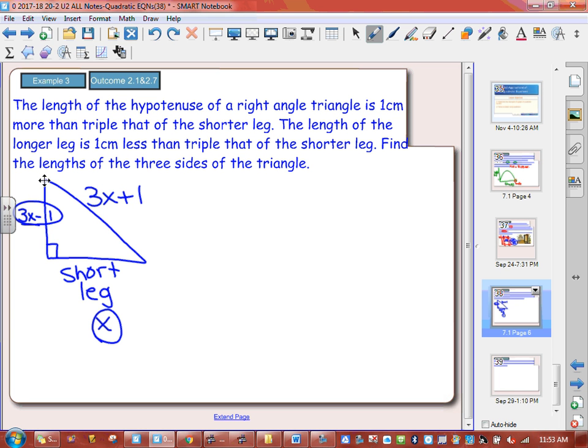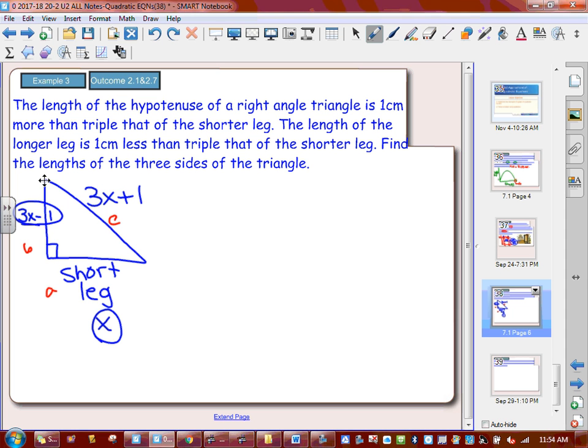Now it says find the length of the 3 sides of the triangle. So this is our a squared plus b squared equals c squared, and this is going to take us a lot of work, so be ready. This is our a, our b, and our c in terms of the Pythagorean theorem.